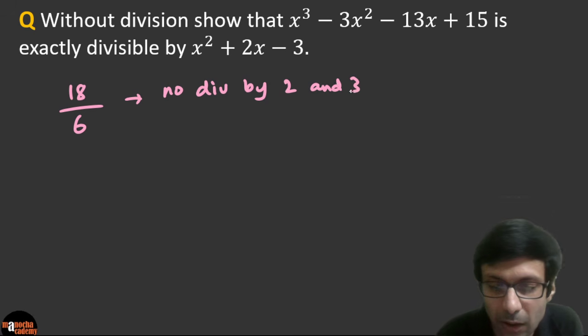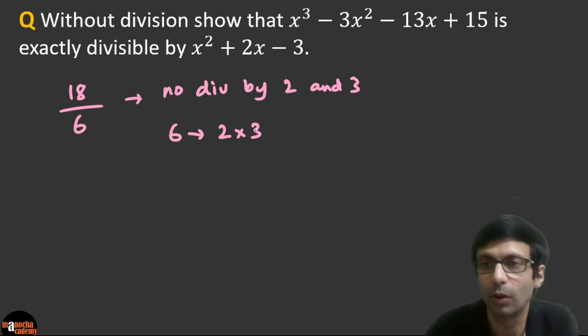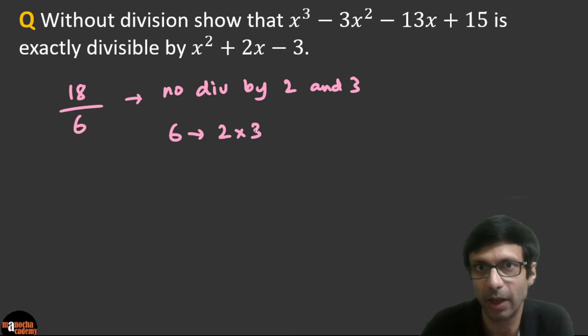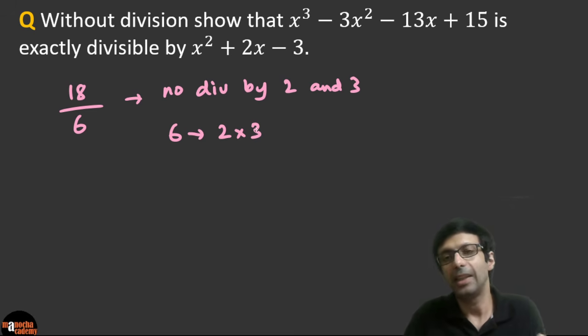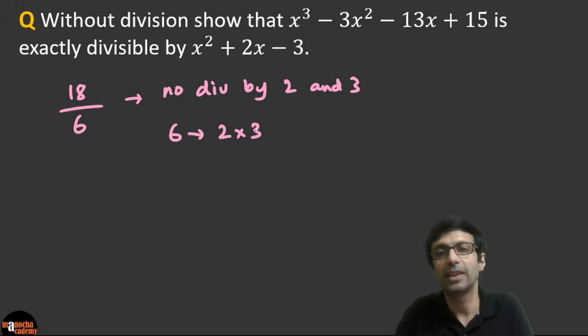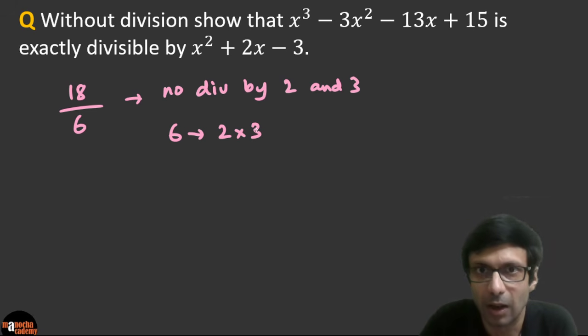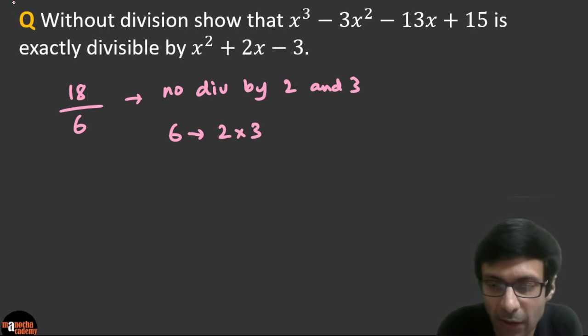Why? Because we know that 6 is 2 times 3, right? So if any number, like 18, is divisible by 6, we can confidently say it's divisible by 2 and 3, right? Do you guys agree with me? So if a number is divisible by a certain number, it's also divisible by its factors.